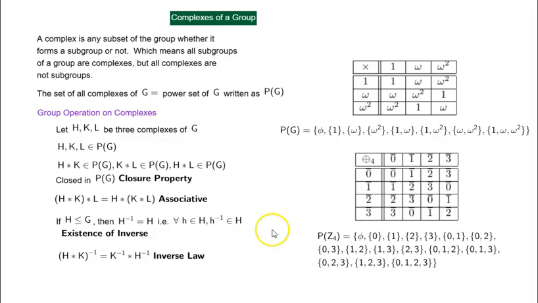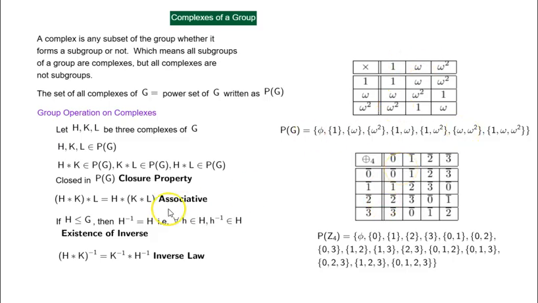So what did we achieve? We saw that a power set contains all the complexes, and these complexes may remain complexes, or they may actually form a subgroup under the appropriate group operation.